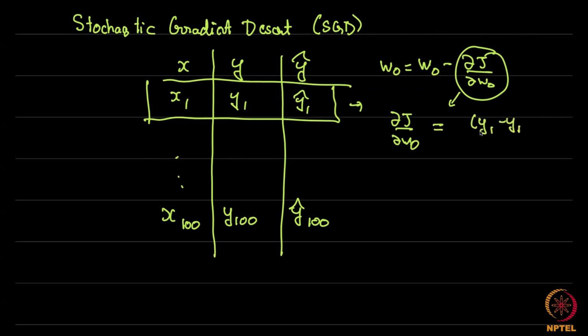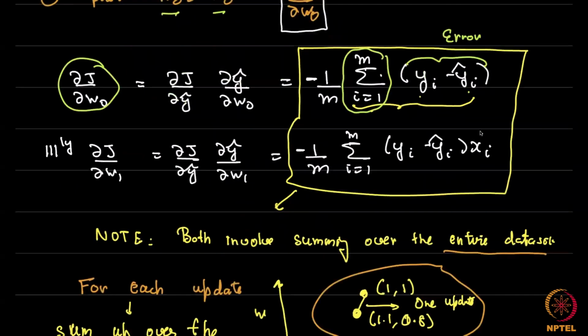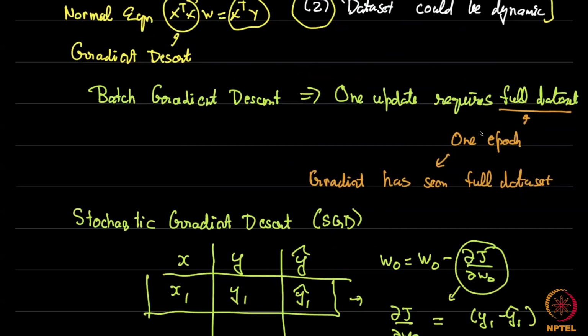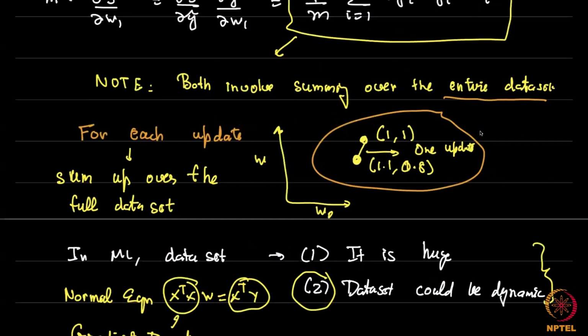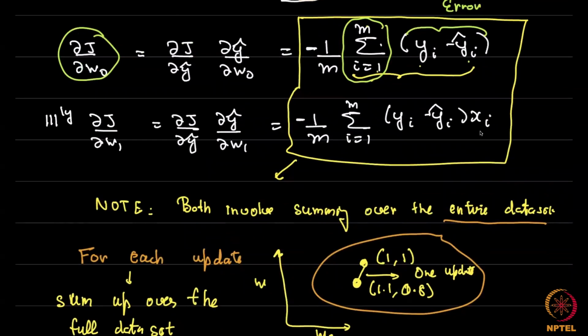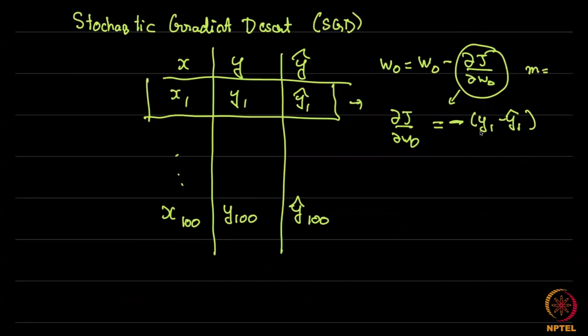That is, del J del W naught is simply calculated as minus y1 minus y hat 1. Sorry, negative of that. I always keep on making this mistake. Remember, you have to sum up over a certain set of data points and then do 1 by m, and I am basically setting this m equal to 1.